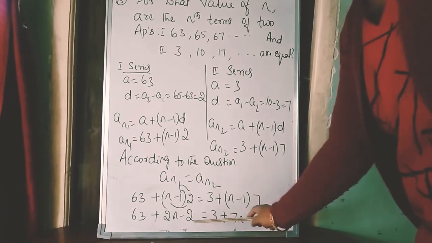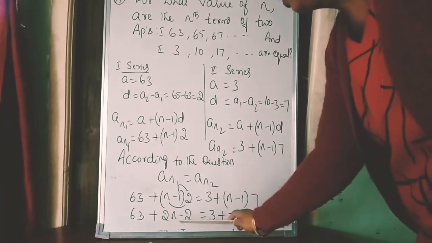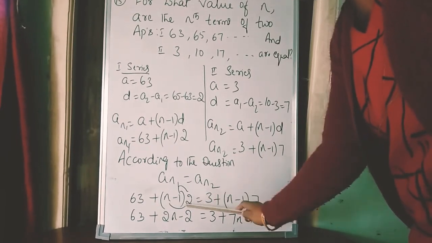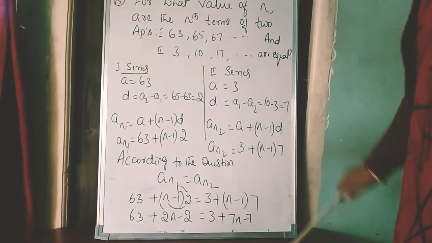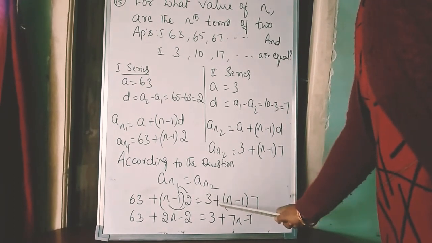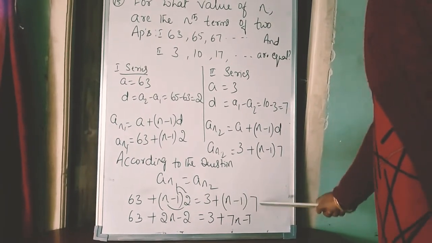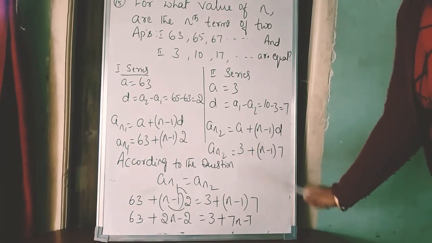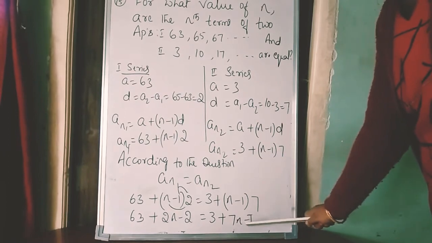Most of the children multiply as 2n minus 1. No. Both terms in n minus 1 you should multiply by 2. Similarly, 3 plus (n minus 1) into 7. See, again, both the terms in n minus 1 you should multiply by 7. So 7n minus 7.